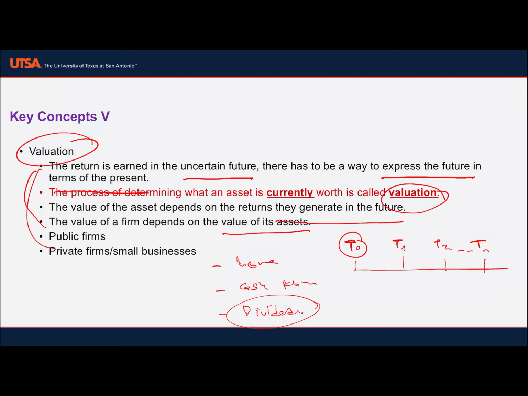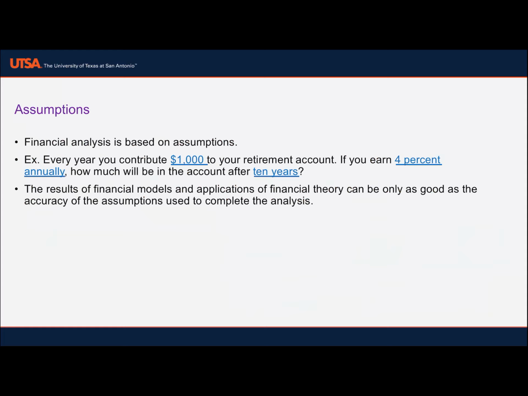We try to find the value of the company at time 0. We have some assumptions, and we predict the dividend payments for each time, and we try to find the value of those payments at time 0. We will explain this in the future, but we are using dividend payments or other items to value the company.